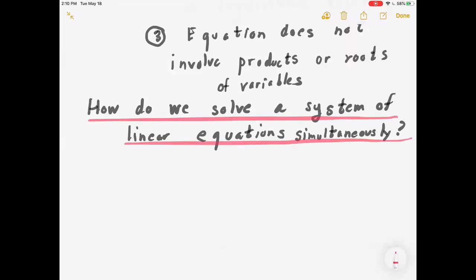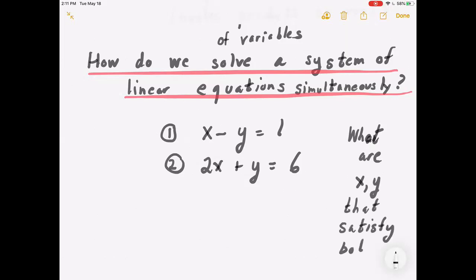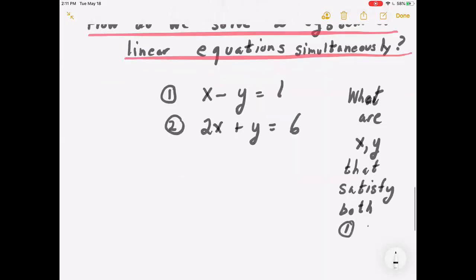So let's go through an example. So suppose we consider an equation that has x minus y equals 1 and 2x plus y equals 6. And the question we want to get an answer to is, what are x and y that satisfy both equations 1 and 2 at the same time? That's what we mean by simultaneous.